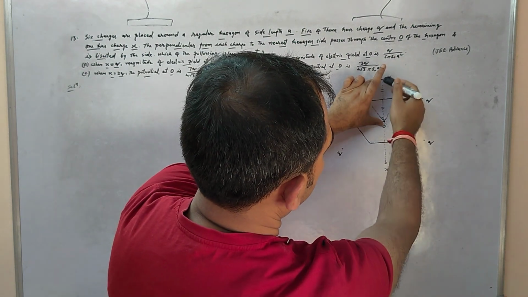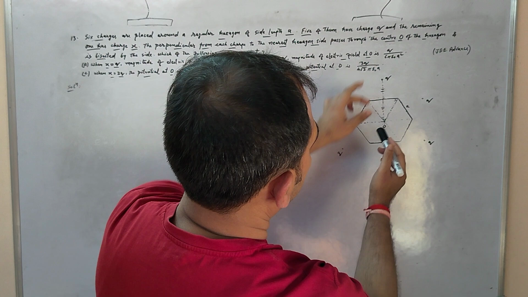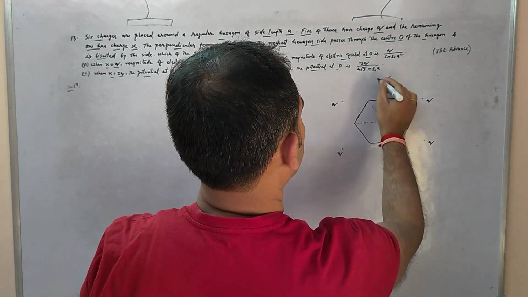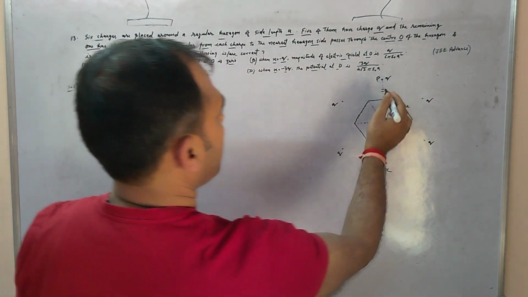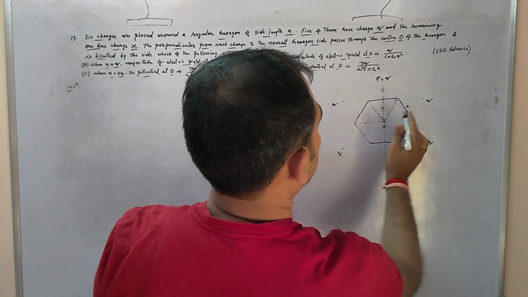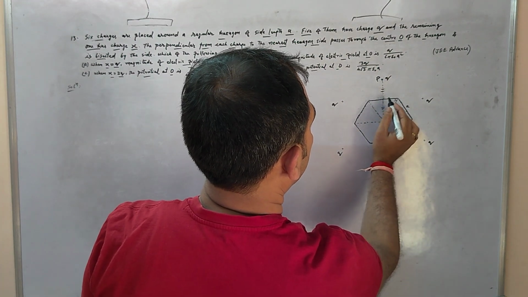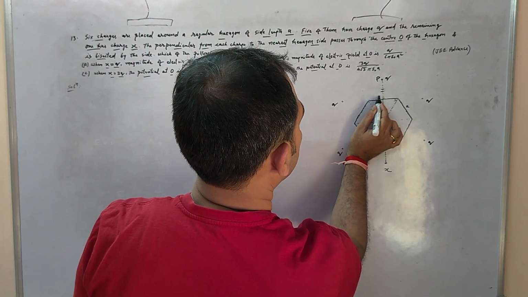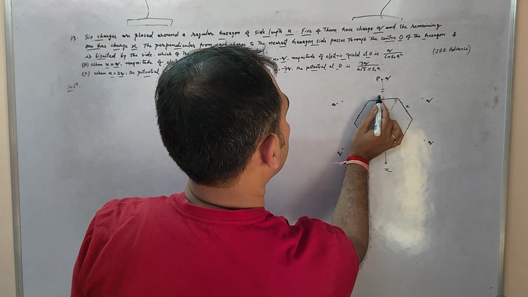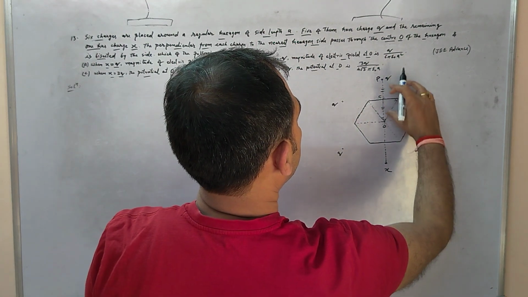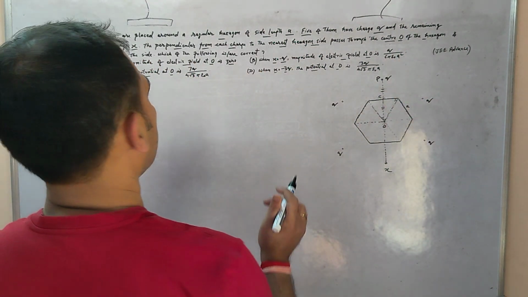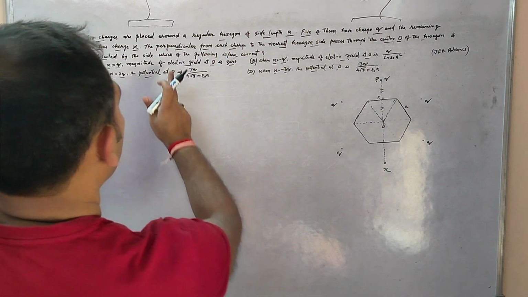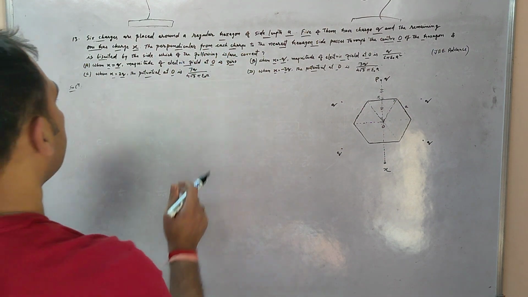If this is point P, then OP is bisected by this side. Here let's say this is point C. So OC is equal to PC. Now which of the following are correct?